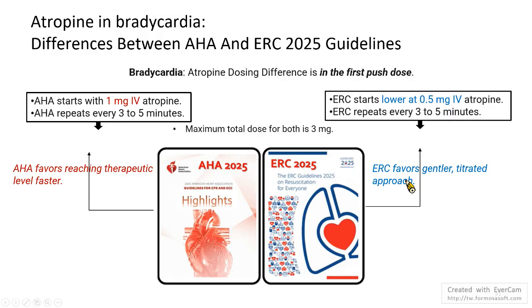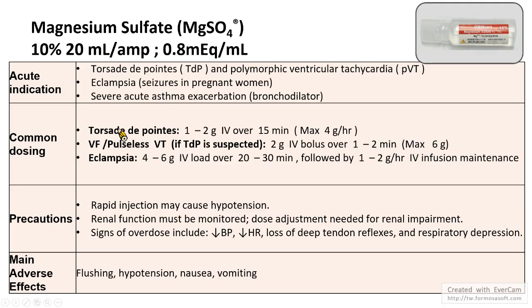The ERC favors a smaller, gentler titration, starting at a lower 0.5 milligram IV atropine push, whereas the AHA's perspective favors reaching a faster therapeutic level, by starting with 1 milligram IV atropine. So remember, half an ampoule or an ampoule can be considered according to these two guidelines.